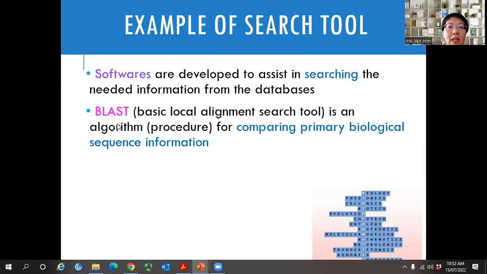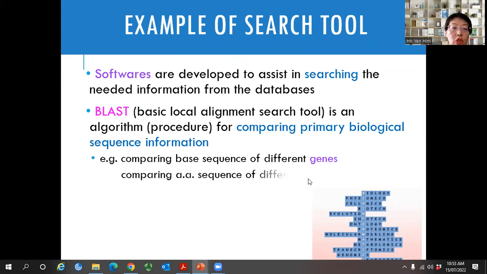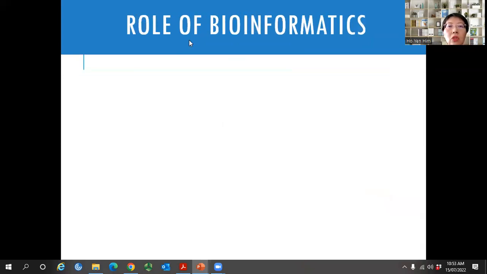BLAST is an algorithm, a procedure for comparing primary biological sequence information. Example, comparing base sequences of different genes. So you've got this software for you to compare base sequences of different genes or compare amino acid sequence of different proteins, for example.